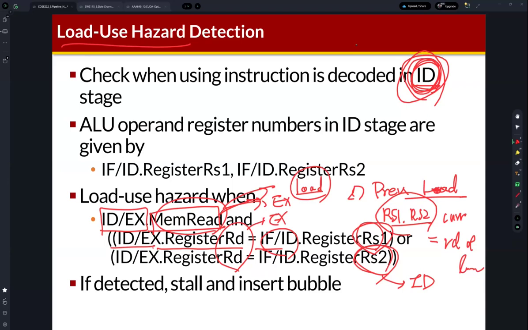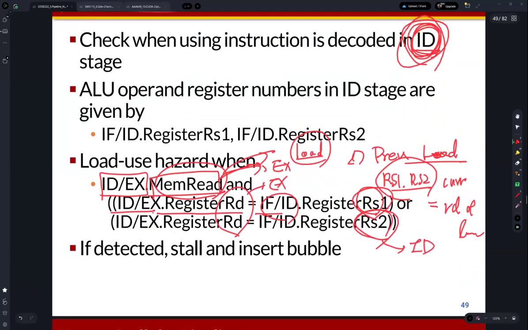If the current instruction is in the ID stage, then we can just compare the RS1 or RS2 of the current instruction with the RD of the previous load instruction, right? So this is the condition for the load use data hazard, right?